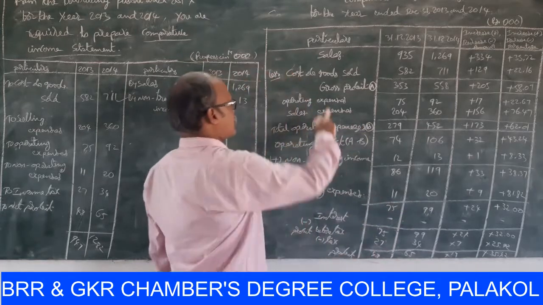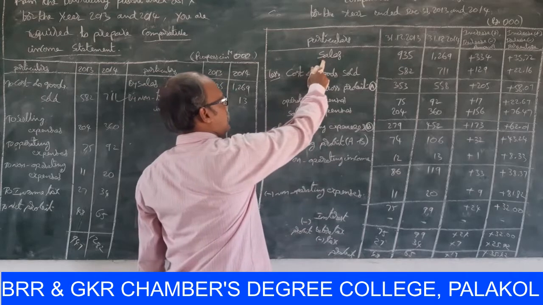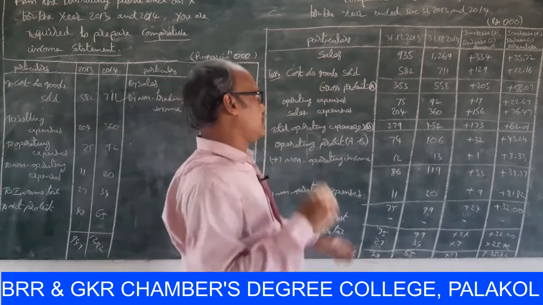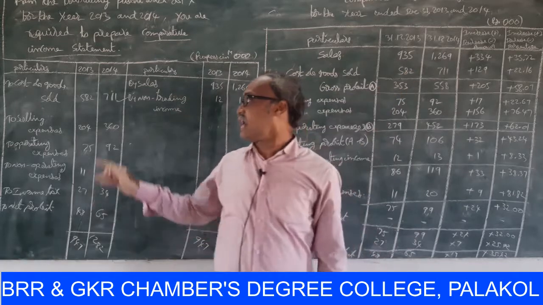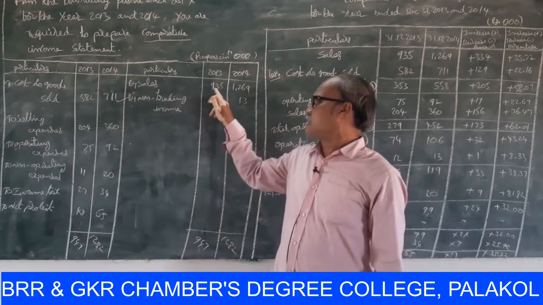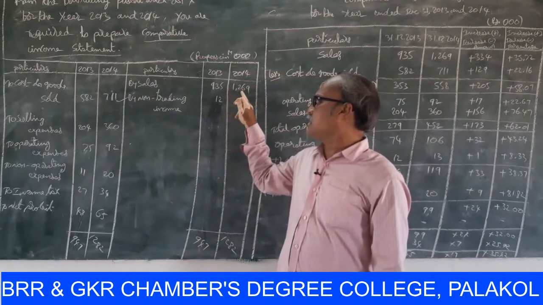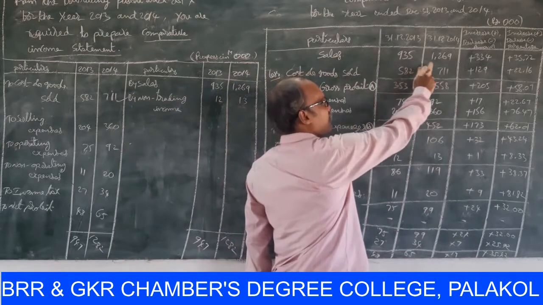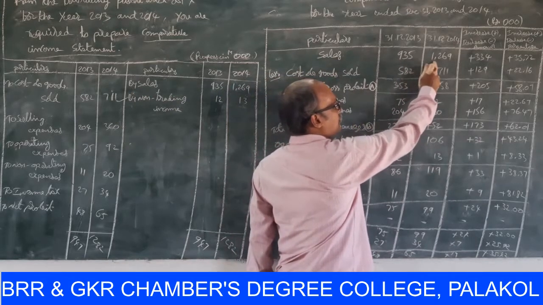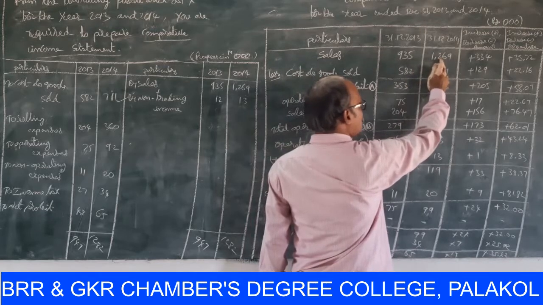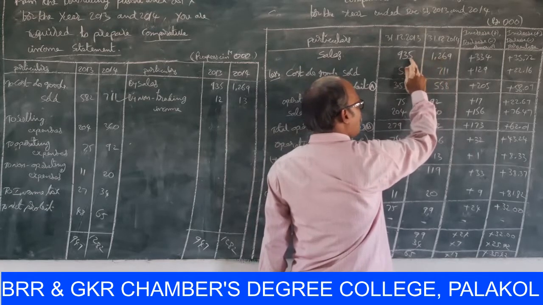First, as usual, sales. What is the previous amount? For sales the amount is 935, amounts in 000. So sales are 935 in the previous year and 1269 in the present year, an increase.